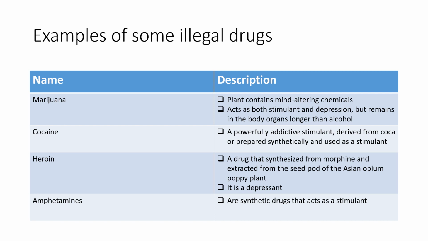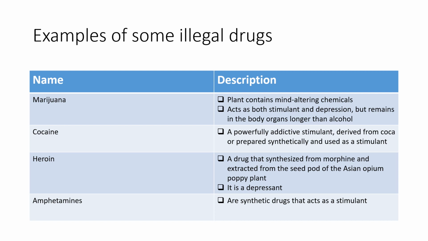It is a plant containing mind-altering chemicals, and it acts as both stimulant and depressant, but remains in the body organs longer than alcohol. Another example is cocaine. Cocaine is a powerfully addictive stimulant. It's derived from the coca plant or prepared synthetically and used as a stimulant.